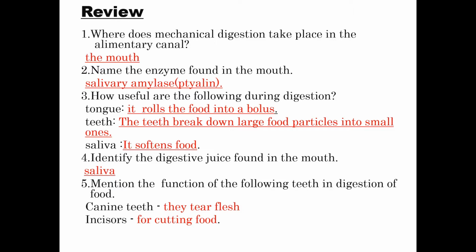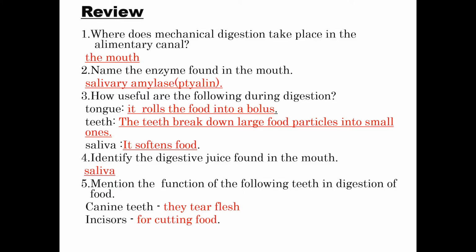And they ask the question, how useful are the following during digestion? 1, the tongue. I gave you 2 answers. I said the tongue rolls food into a bolus, and the tongue pushes the food to the gullet.